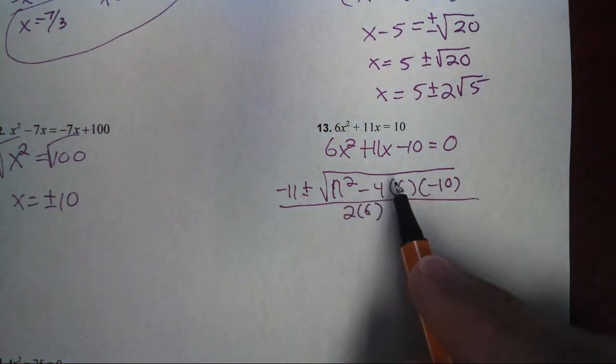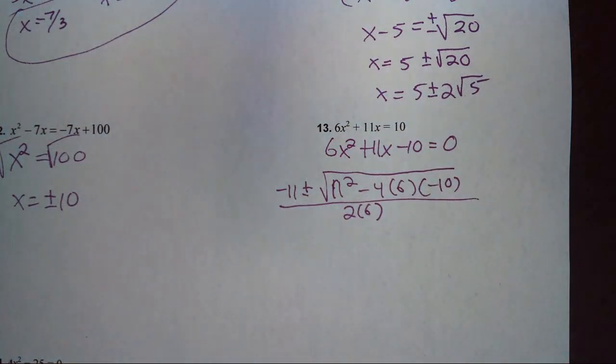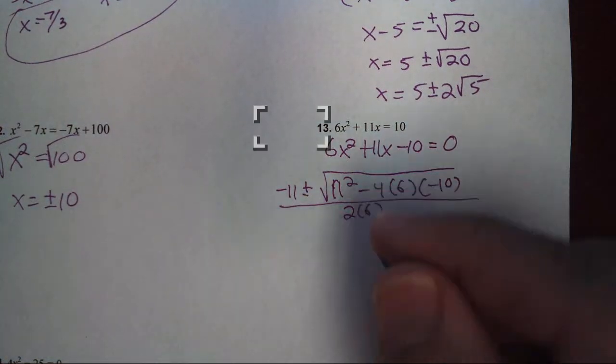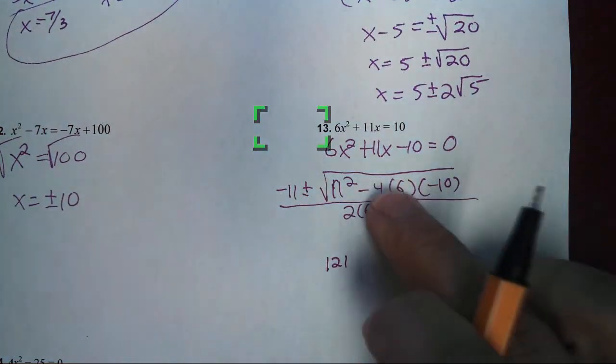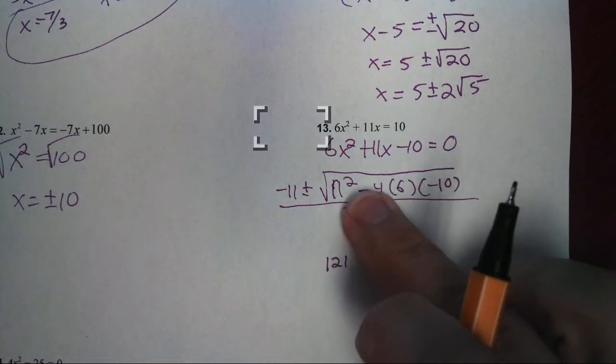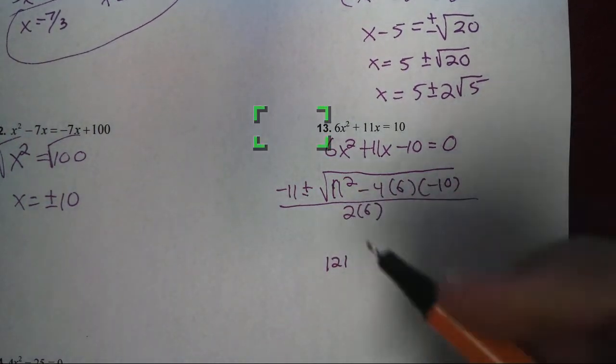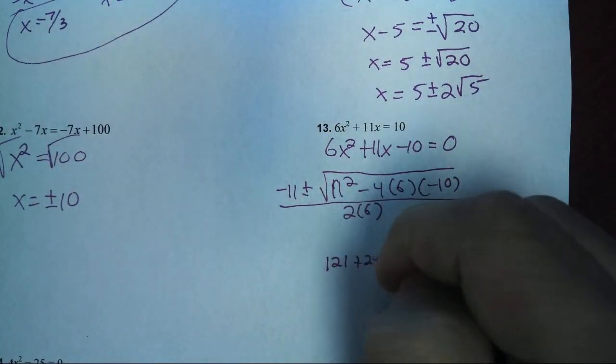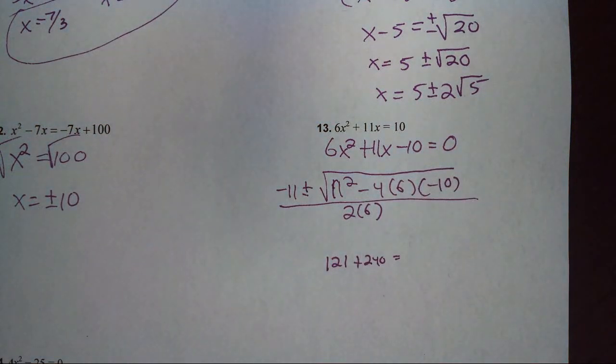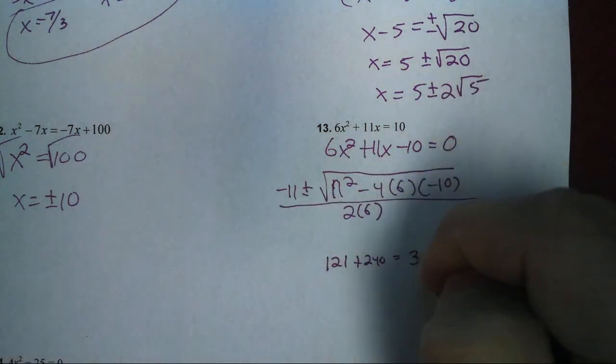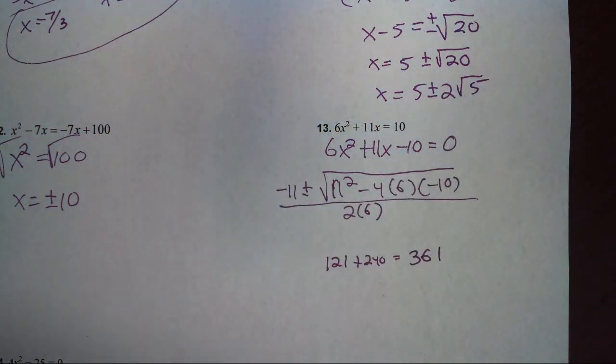So now let's deal with the discriminant part first. 11 squared gives us 121. 4 times 6 times negative 10 is 240. And 121 plus 240 gives us 361.